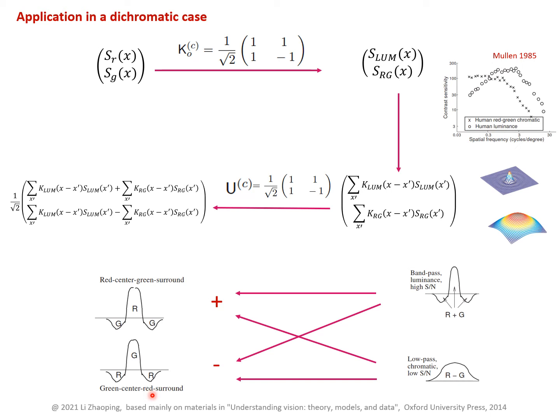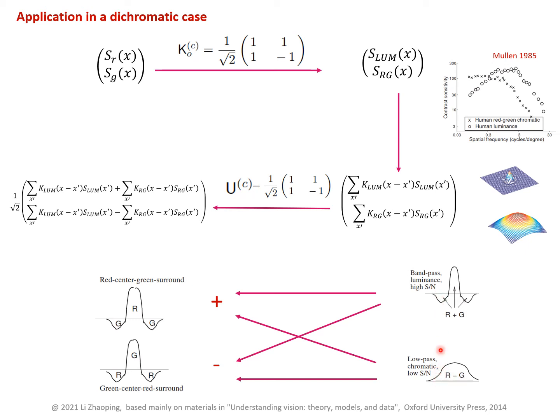Now let's work it out. In one dimension, at the center location we have red plus green excitatory and red minus green excitatory. So plus green and minus green, the green cancels out and red more or less dominates. So we have center red dominantly excitatory. In the surround we have red plus green inhibitory, and here red minus green excitatory.